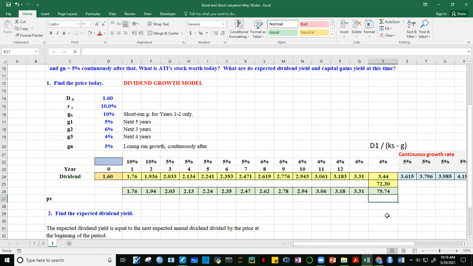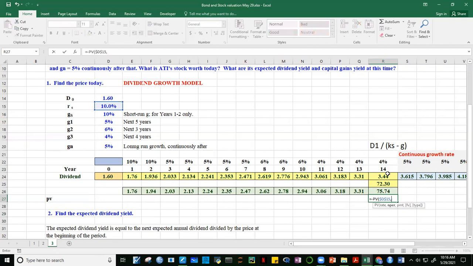What's the present value of this? We need to put the time here. This is equal to negative PV. The rate is our 10%, which is fixed.